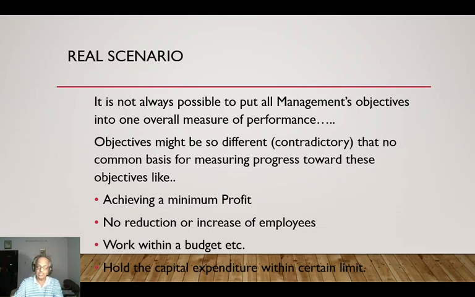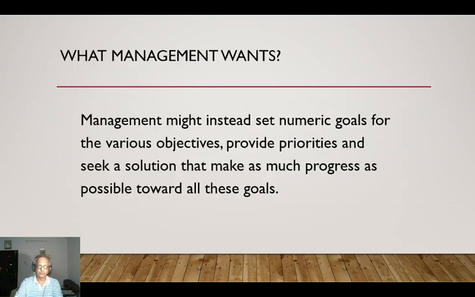In fact, achieving a minimum profit, no reduction or increase of employees, working within a budget, and holding the capital expenditure within a certain limit. These are the objectives which you will have to maintain when you are working in manufacturing organizations, for which you will be given targets by your higher management.